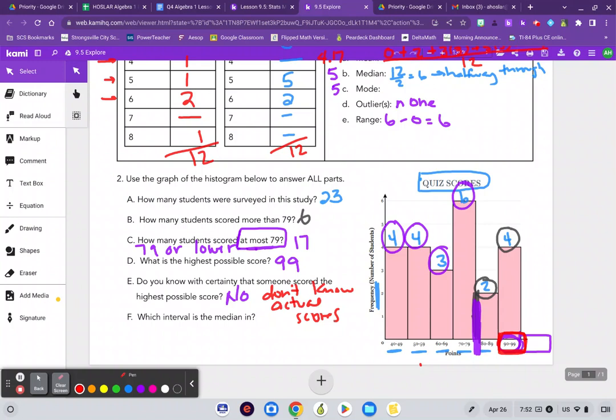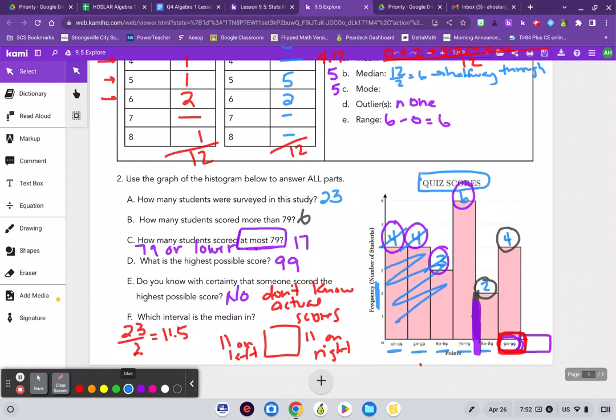Which interval is the median in? Okay. Again, I have 23 pieces of data, and I'm looking for the halfway point, which is 11.5. That means there's 11 pieces of data on the left, 11 on the right, and so there should be something left in the middle since I have an odd number of data. Okay, so here's 4 and 4, that's 8 and 3 is 11, okay?